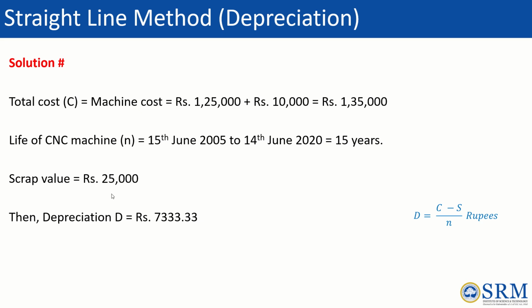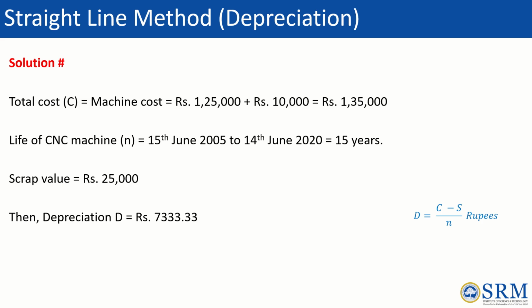The scrap value is 25,000. So the depreciation D, by applying the values of C, S and N directly in the formula, is 7,333.33.